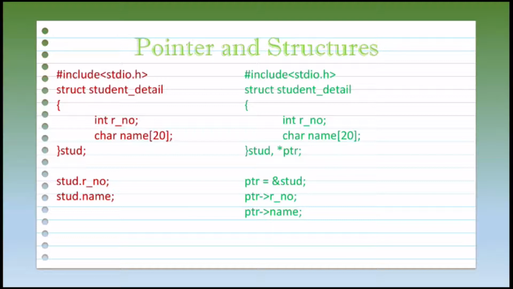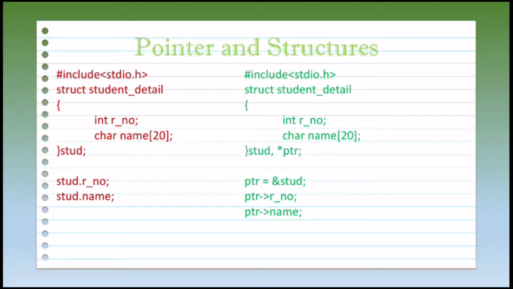So the statement will be, that is pointer variable ptr, then arrow and then member, that is either r number or you can access name. In normal structure variable, to access we are using dot operator, whereas if you want to access by using pointer variable, you have to use arrow mark.